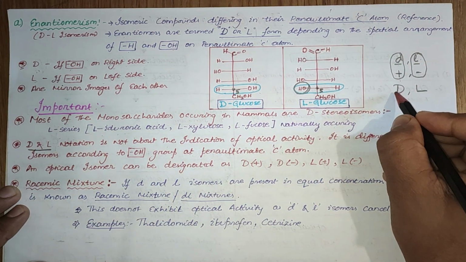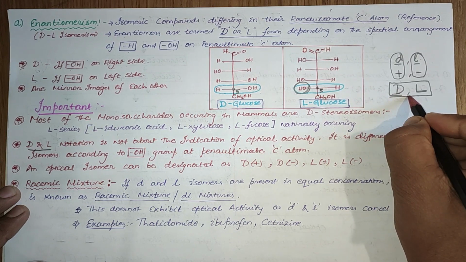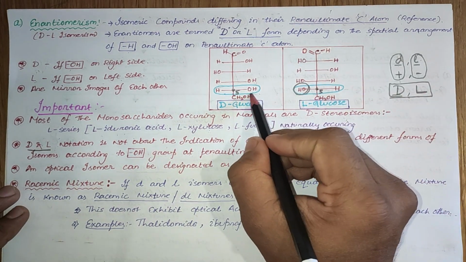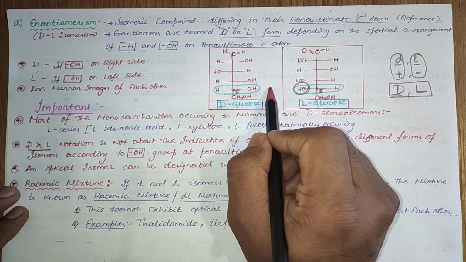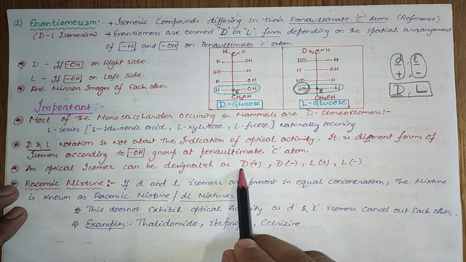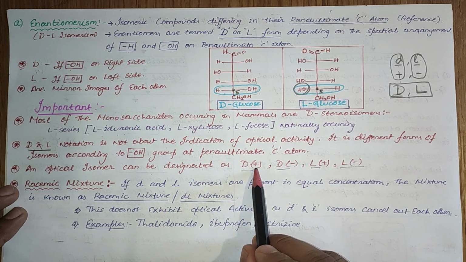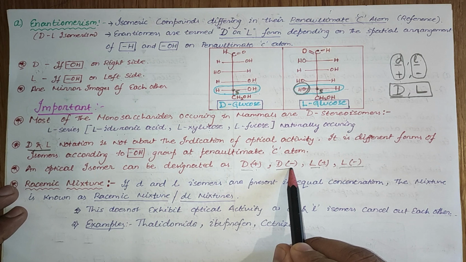But capital D and capital L stand for enantiomers. You have to remember this, and it depends on which side the hydroxyl group on the penultimate carbon atom is present. An optical isomer can be designated as D plus, D minus, L plus, L minus. Here plus means dextrorotatory and minus means levorotatory.